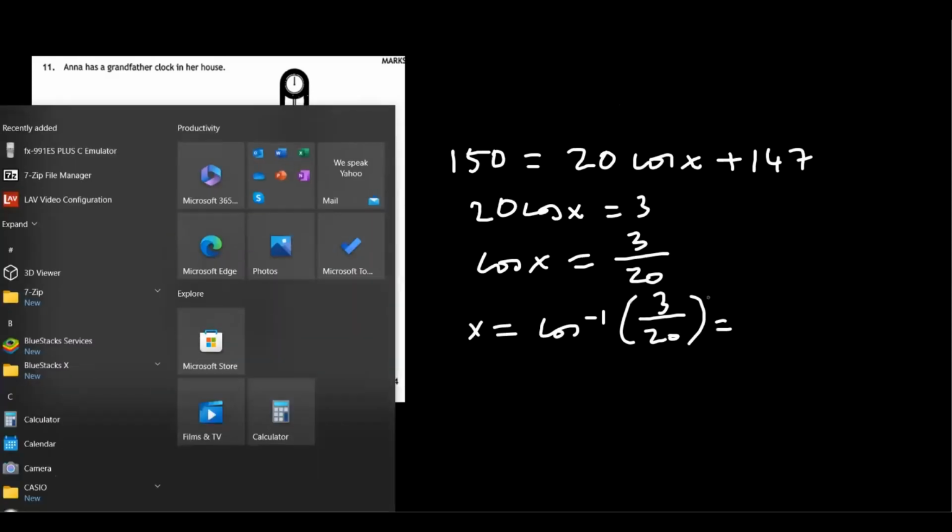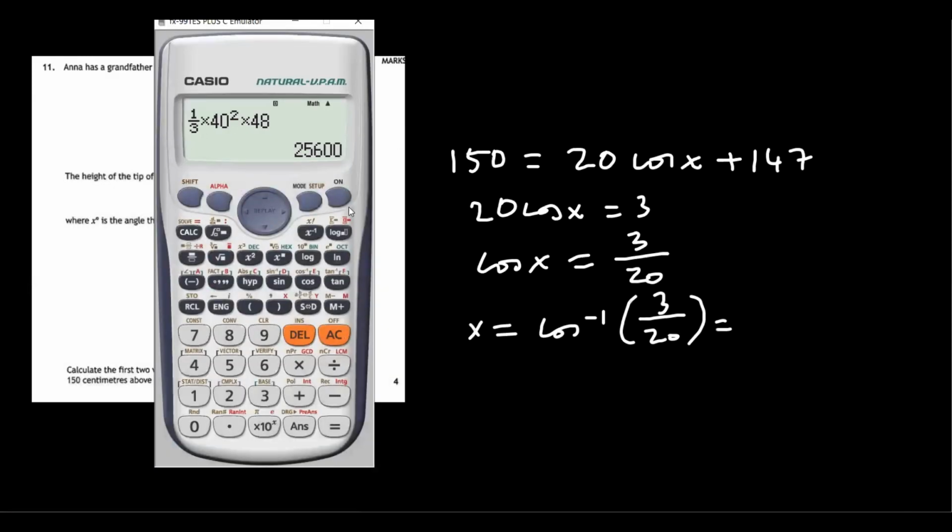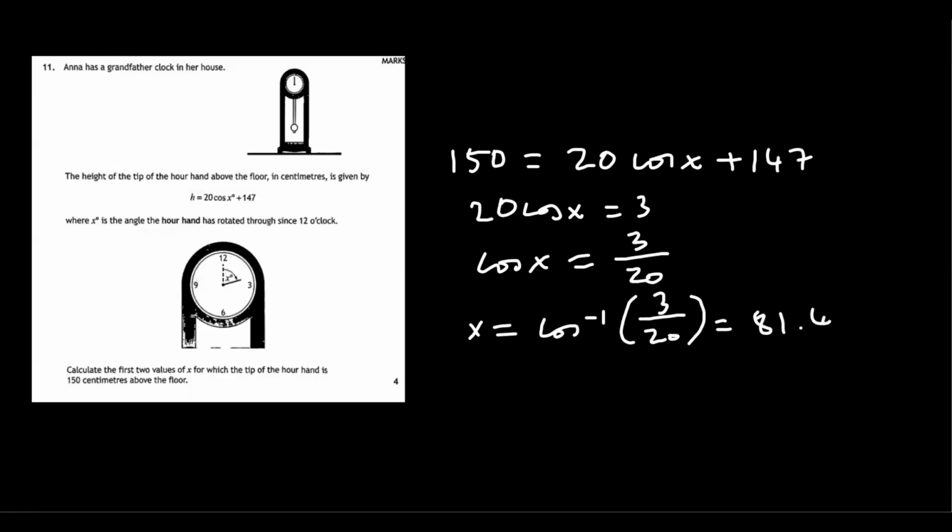I'll just do that on the calculator. So shift and then cos button to get the inverse function, and then 3 over 20. So that would be 81.4 degrees. That's the initial solution. And then you just draw your cast diagram.